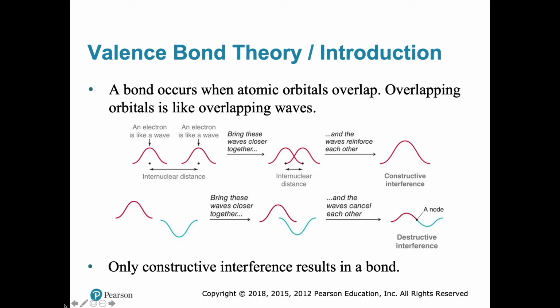And so the important thing to note here is that only constructive interference results in a bond, because a bond has constructive interference, literally. You can put two of these together and make a bigger wave. You put different phase electrons together, and then you get destructive interference and you form a node.